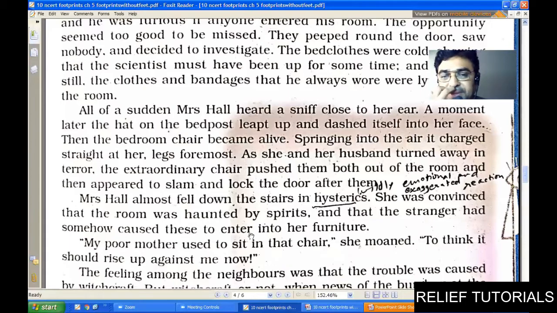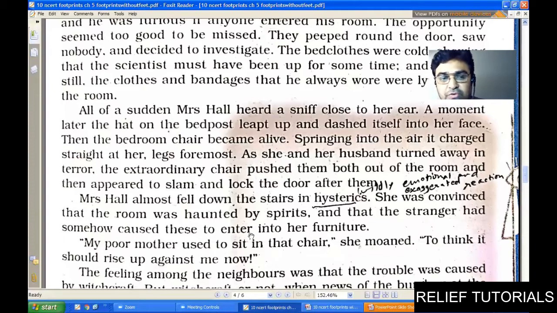Springing into the air, it charged straight at her, legs of the chair foremost, which could be very hurtful. As she and her husband turned away in terror, the extraordinary chair pushed them both out of the room and slammed and locked the door after them.